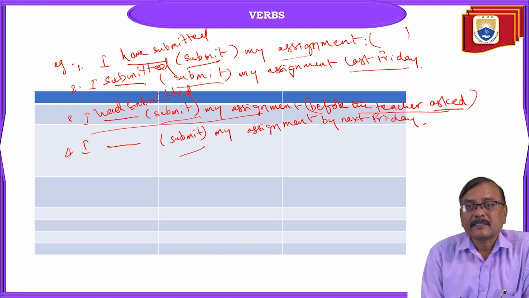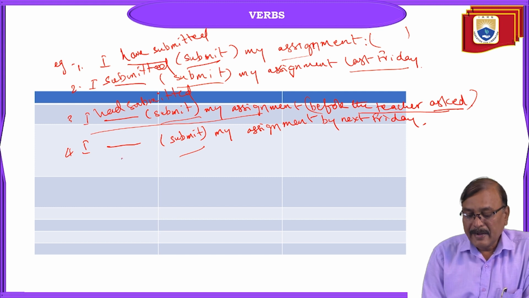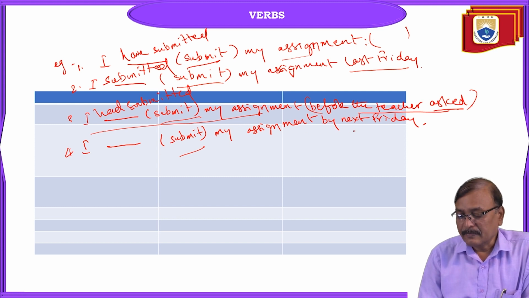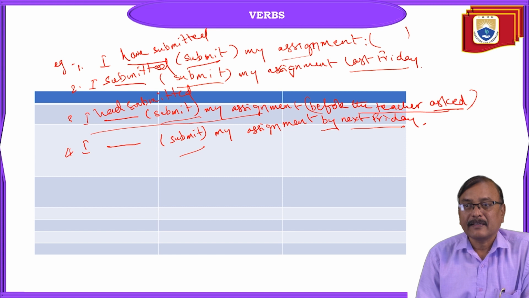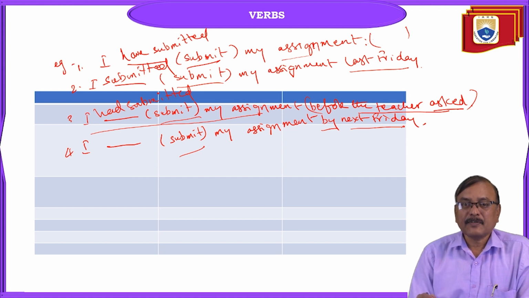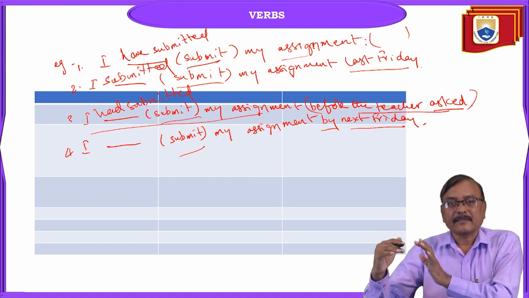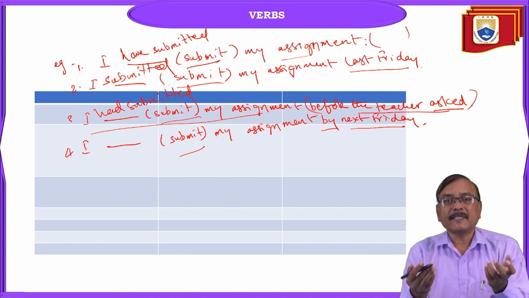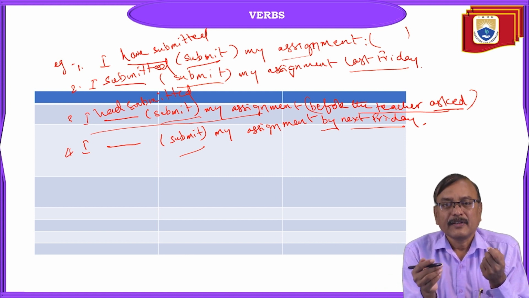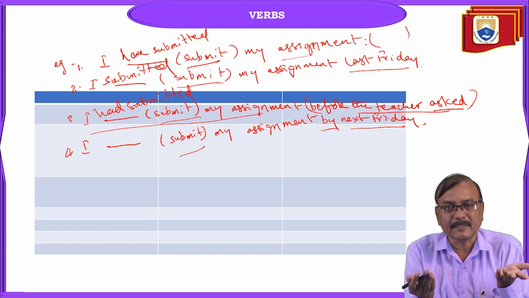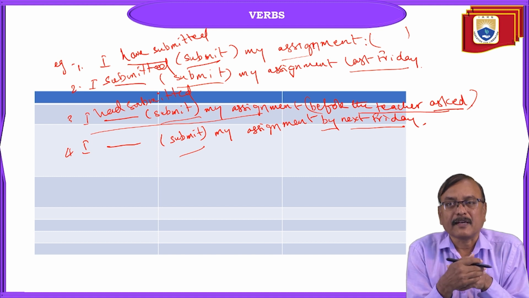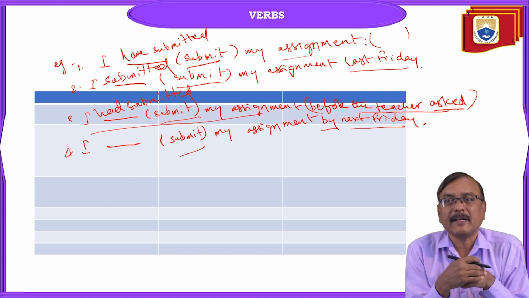Okay? Next. I dash submit my assignment by next Friday. Okay? By next Friday means that is the deadline. You are not going to submit it on next Friday. If it is on next Friday, simply you can use the simple future. I will submit my assignment next Friday.